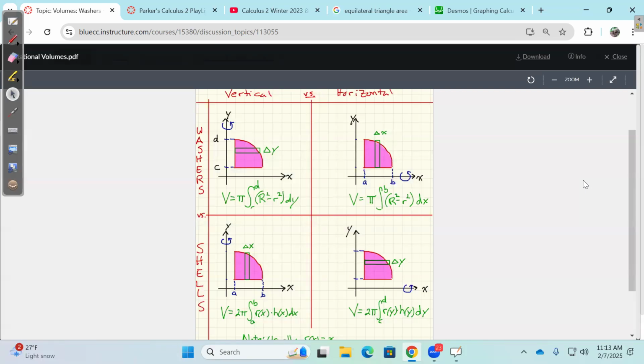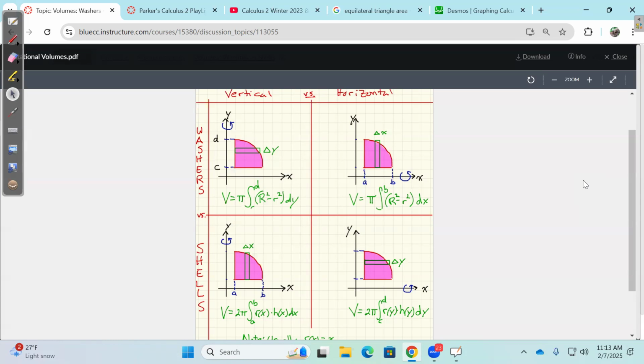What it does is I broke it down into whether you have a vertical axis like y in the first column or a horizontal axis going around x in the other column, and then how the setup would be if you were doing washers versus shells for each one. So these are the 4 different scenarios that you can end up with.